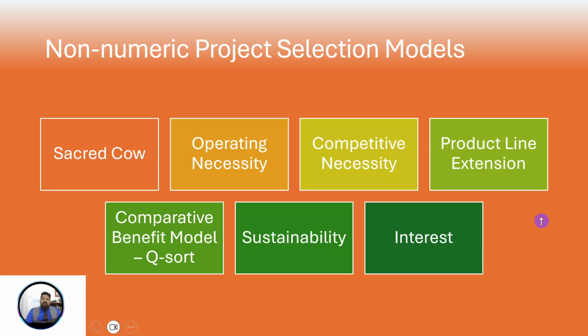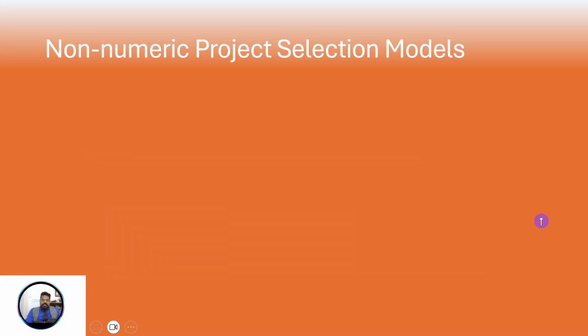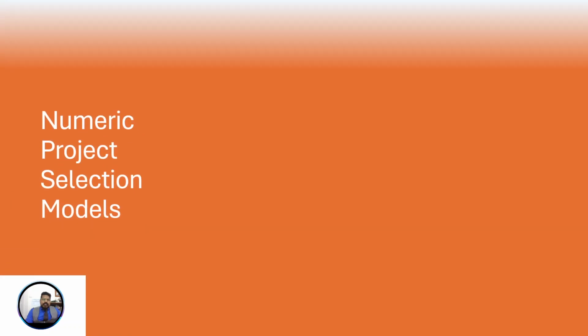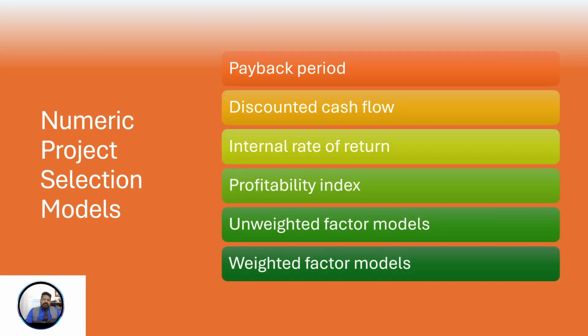So these are non-numeric approaches to project selection models, while these are numeric project selection models: payback period, what kind of money you are investing in, how much time will it take to give you back that money, discounted cash flows, internal rate of return, profitability index, unweighted factor models, and weighted factor models. So all these factors are extremely important when you are selecting a project based on the numbers.